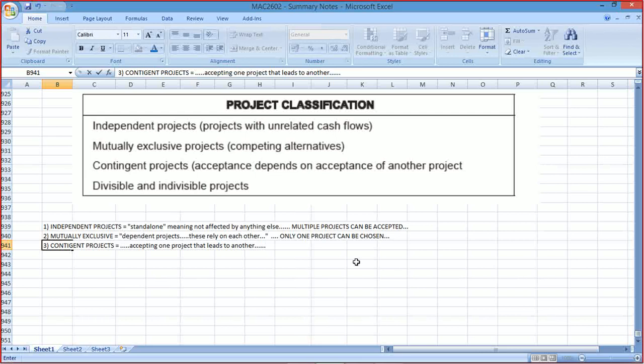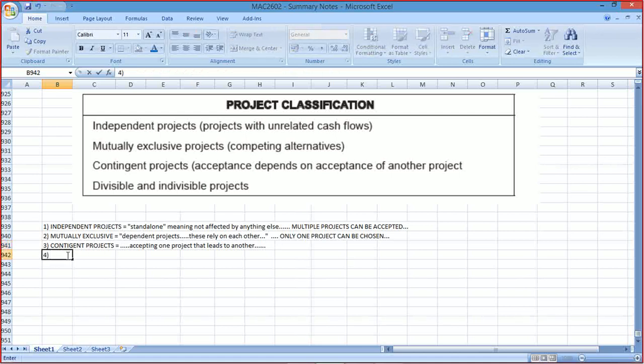That then gives rise to contingent projects, like buying all the accessories for that particular project. The project is VR, which then opens up other projects.